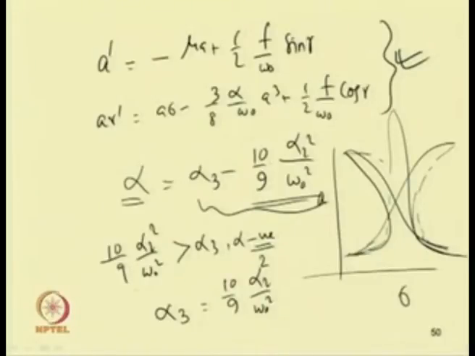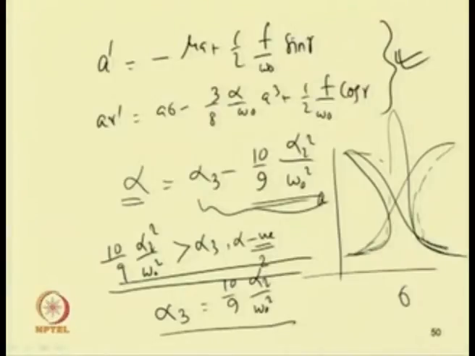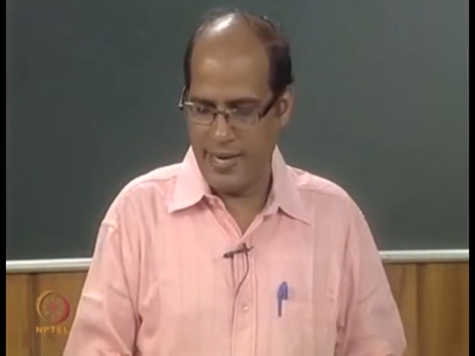If this condition is reversed, then the system behaves as a soft spring type, and the system response will show the softening effect. And if alpha 3 equals 10 by 9 alpha 2 square by omega 0 square, in that case we have a linear response of the system.